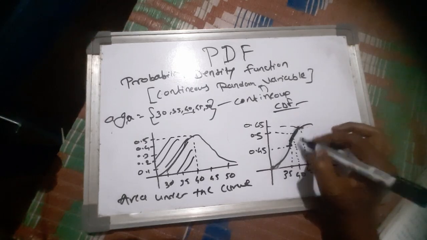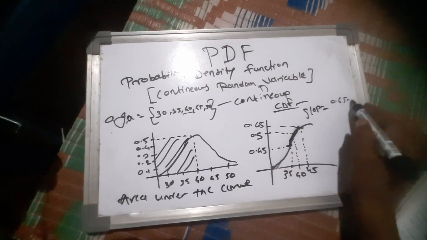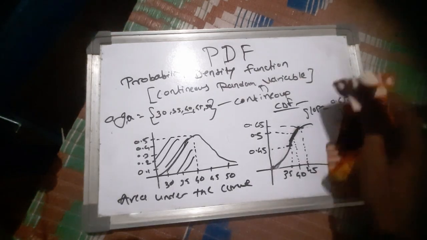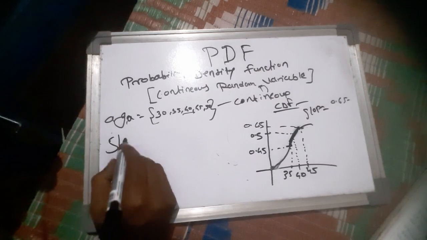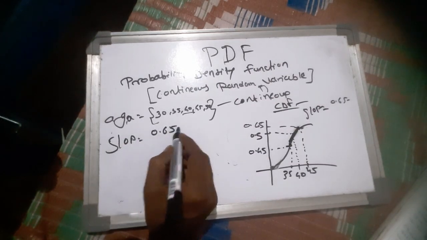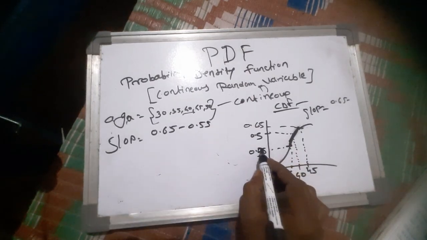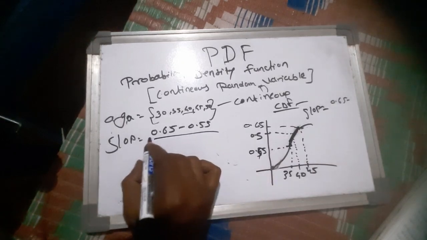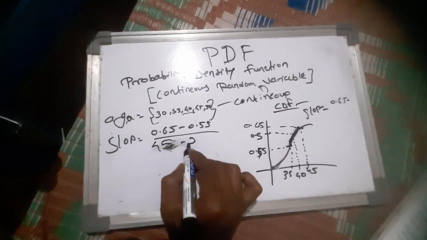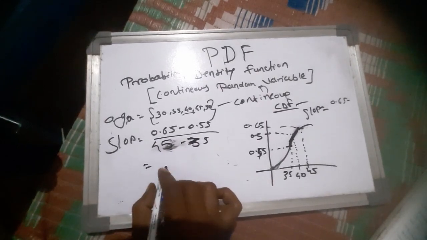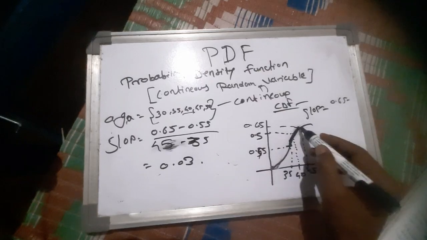Slope is equal to 0.65 minus 0.55, divided by 45 minus 35, which is nothing but 0.03. This is the slope for that line.